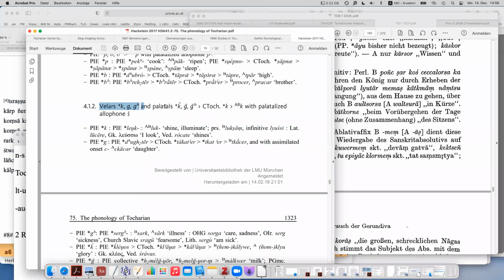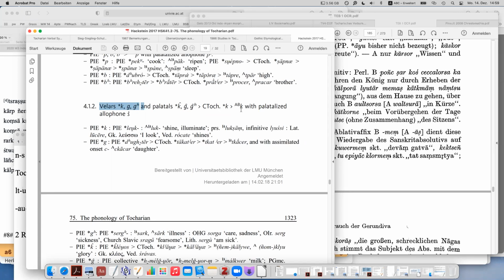So velar and palatal all become simple velar in Tocharian, because Tocharian is a Centum language, right? The typical sound change in the Centum languages is that the velar and palatal fall together. They all become the velar.